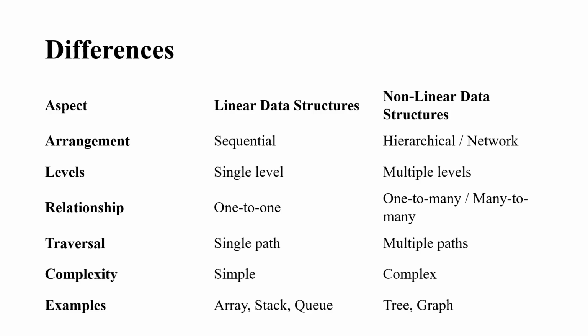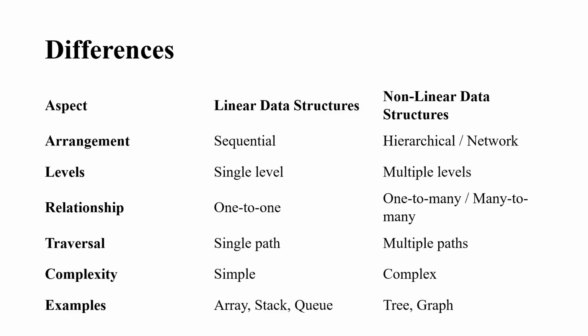When it comes to traversal, it's a single path traversal in linear data structures, but in non-linear data structures, we can traverse in multiple paths. Because one element is connected with multiple elements, you can travel in multiple ways. Example, graphs.